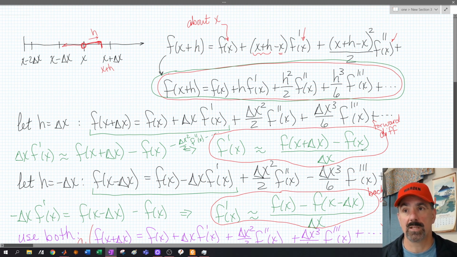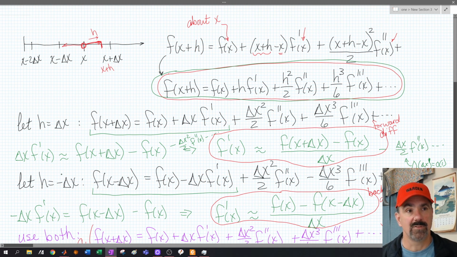We end up with something that looks like this, but then I'd have a minus delta x over 2 f double prime of x, etc. This is why the forward difference approximation, which is what this is, is order 1, because I have an order delta x accuracy. My error is going to be on the scale of delta x to the first power, so we call this order 1.